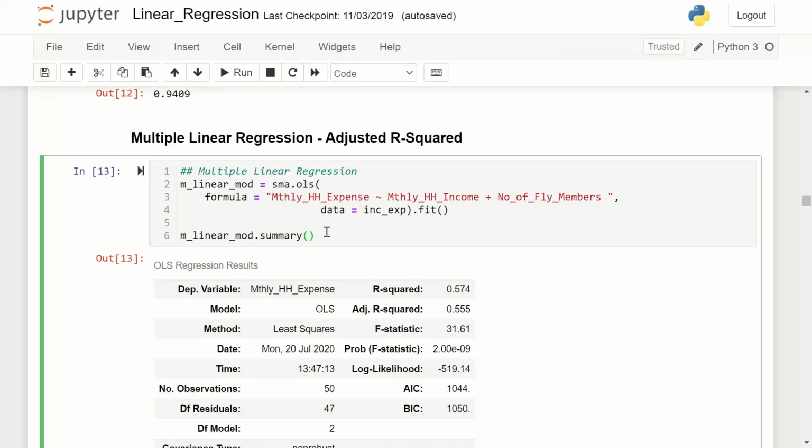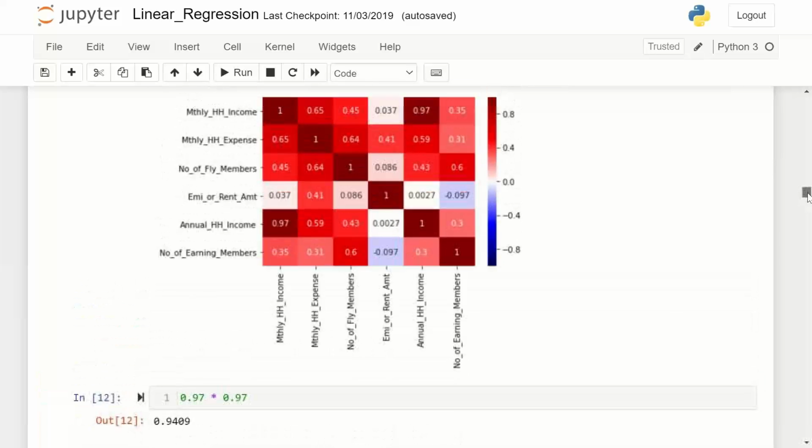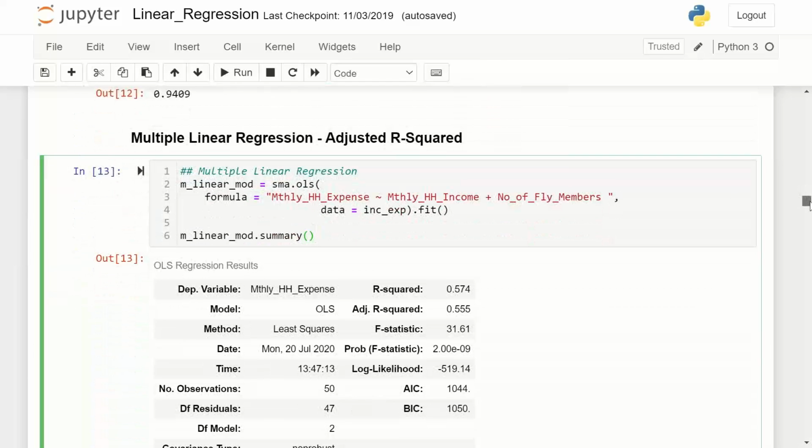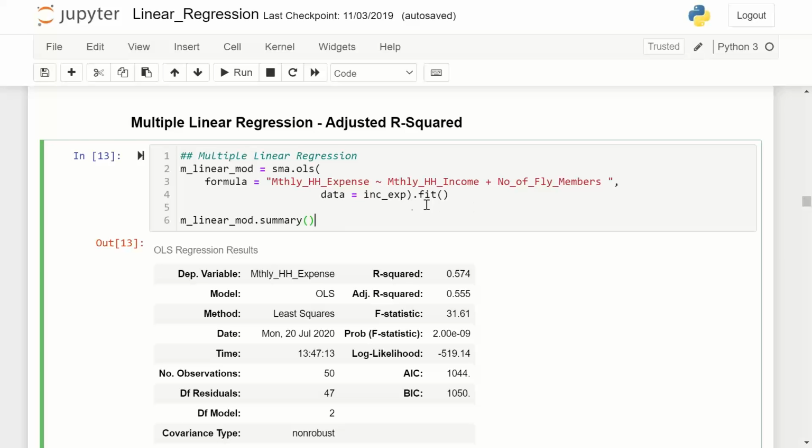So first thing is we do some basic visualizations and basic correlation between our independent and dependent variables. Between independent variables also we need to check all of that. And one of the important things is there are 2 variables which have got very high correlation, that is monthly income and annual income. How will it impact our model? We'll see later on.